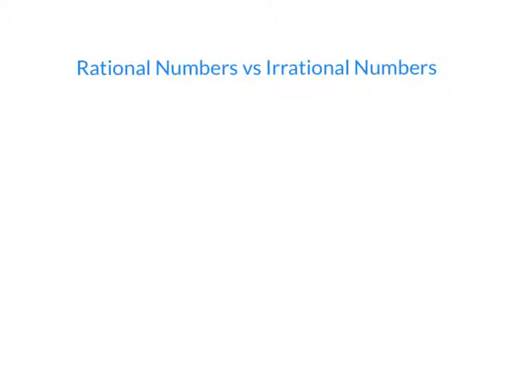So the definitions of these are pretty straightforward, but maybe a little bit confusing. So a rational number is any number that can be written as a fraction.